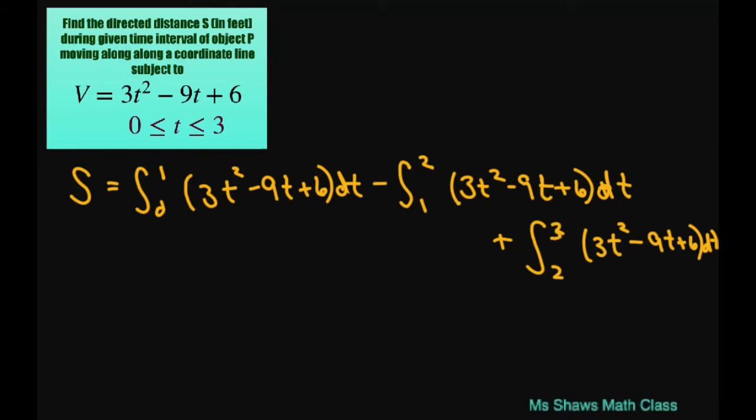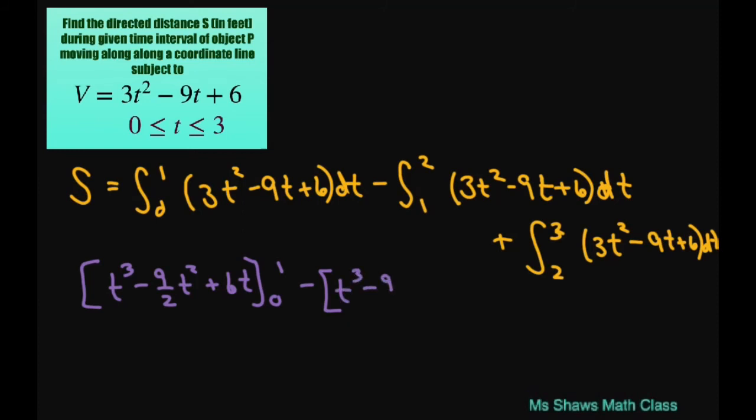So now all we have to do is integrate, and that's going to give us t cubed minus 9 halves t squared plus 6t, from 0 to 1, minus the same thing from 1 to 2, and then plus the same thing from 2 to 3.